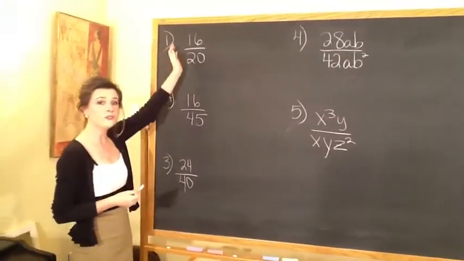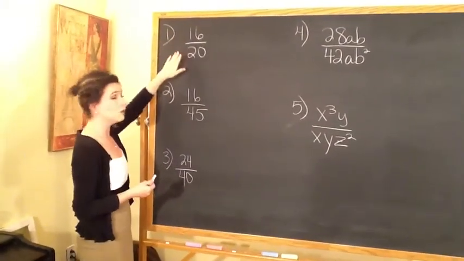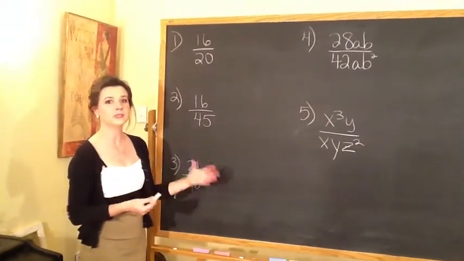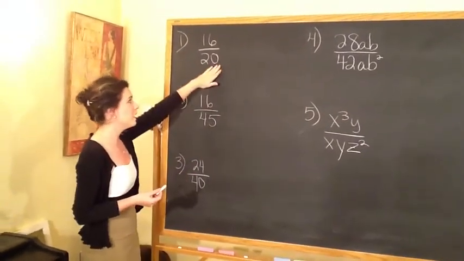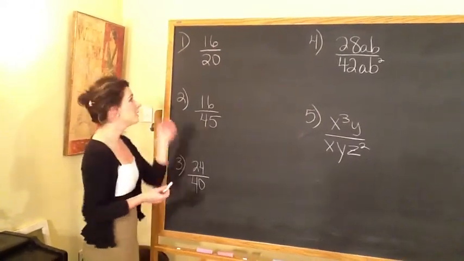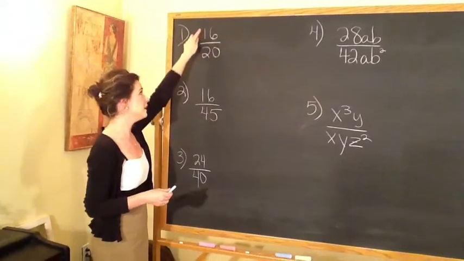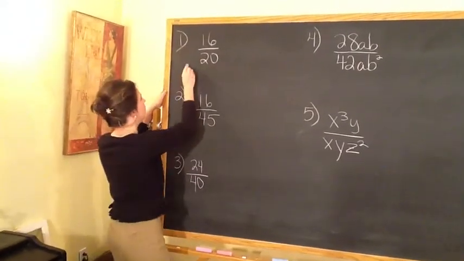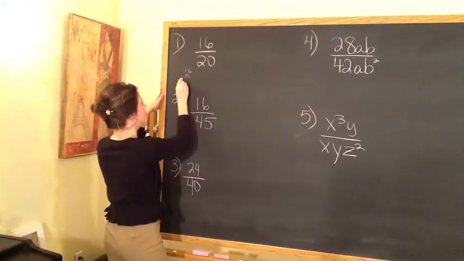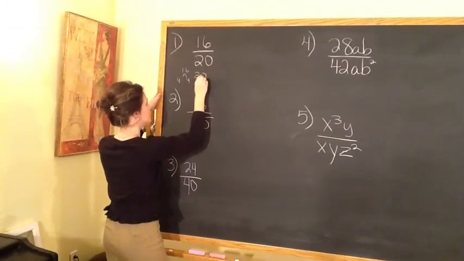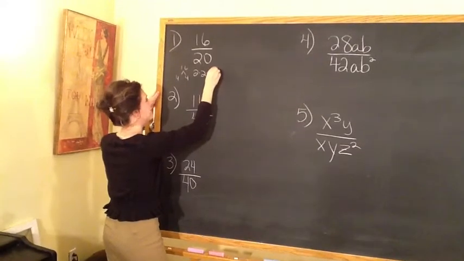Alright, our first fraction is 16/20. So automatically looking at it, we know that there is something that we can take out because both of these are even numbers. So let's go ahead and find the prime factorization of both 16 and 20. So if we break down 16, we have 4 times 4, and that turns into 2 times 2 times 2 times 2.